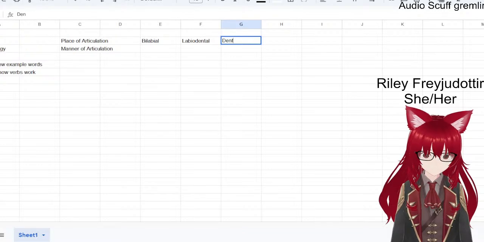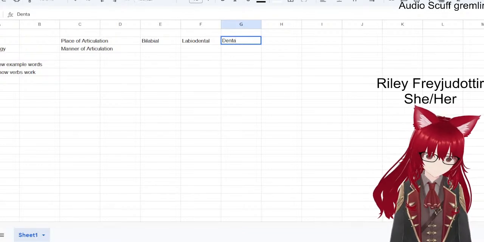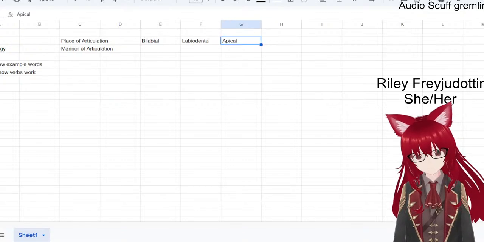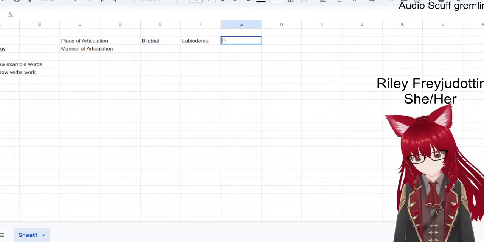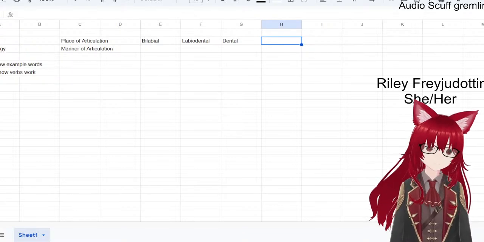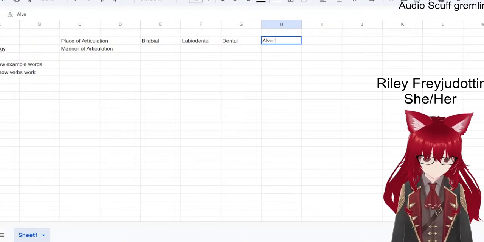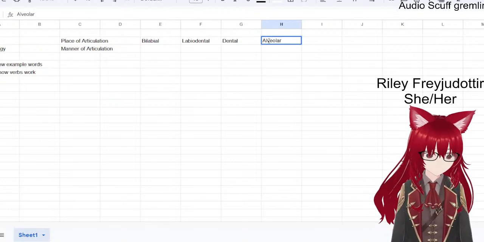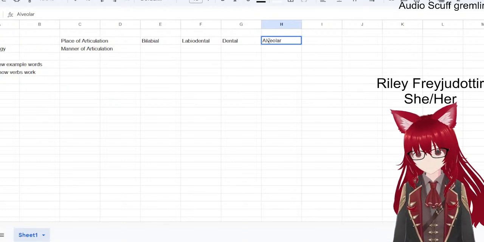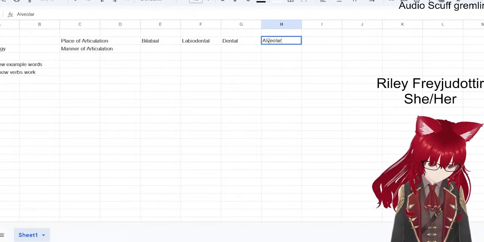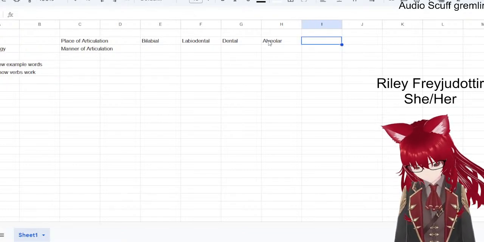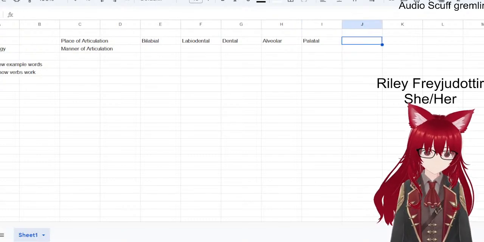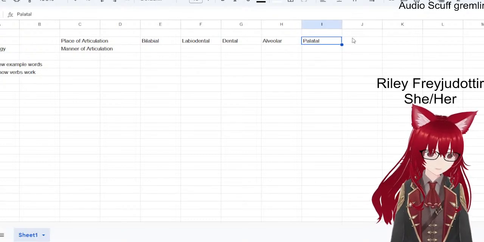It can be apical, which is with the tip of your tongue, and that can either be dental, which is the tip of your tongue against your teeth, or alveolar, which is the tip of your tongue against the alveolar ridge, the ridge in the mouth just behind your teeth. It can also be palatal.